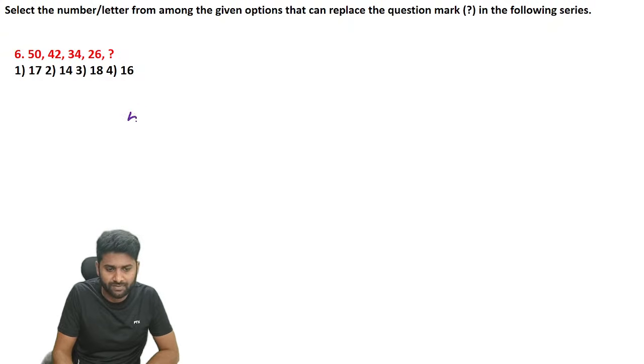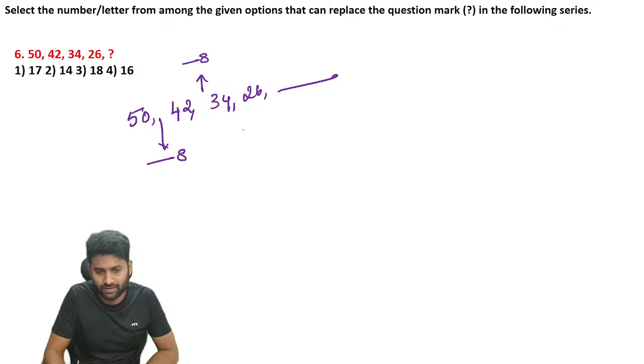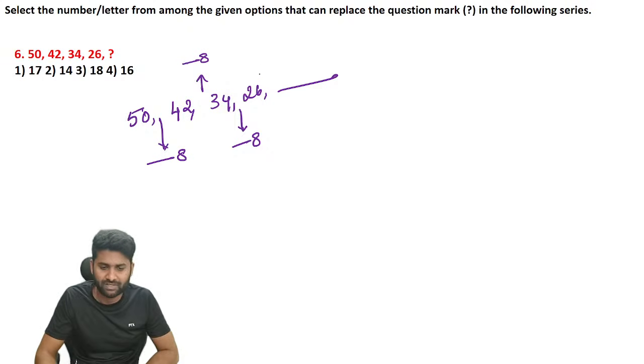Now see here the numbers 50, 42, 34, 26, dash. Here 50 minus 8 is 42, 42 minus 8 is 34. This is a common difference here. The pure logic of common difference, we are subtracting 8 units. So 26 minus 8, then the resultant is 18.